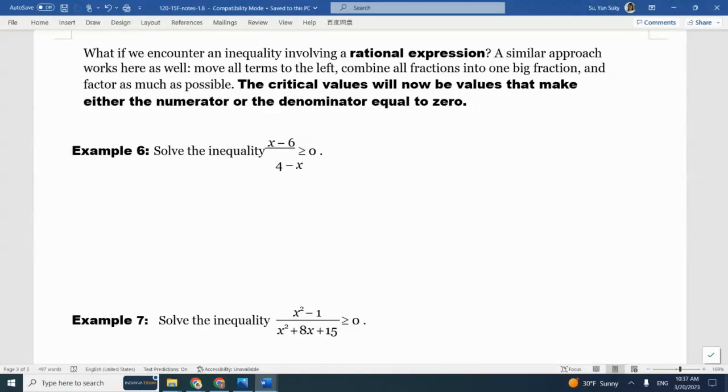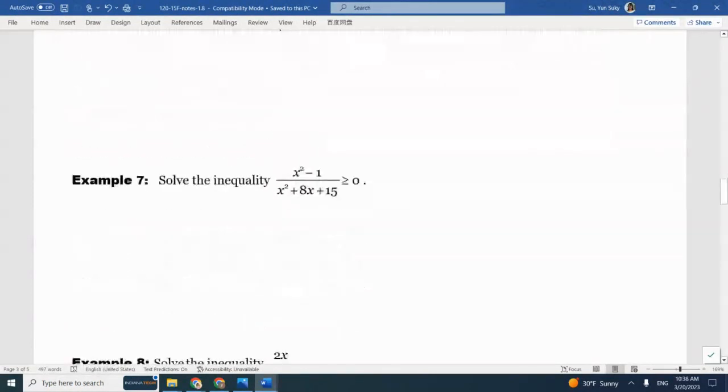But keep in mind, your denominator cannot be 0. The numerator can be 0. So if you see greater than or equal, then for the numerator you put a solid circle. Your denominator is always an open circle. Okay, right, everybody?